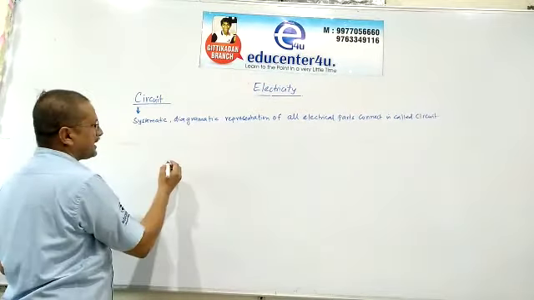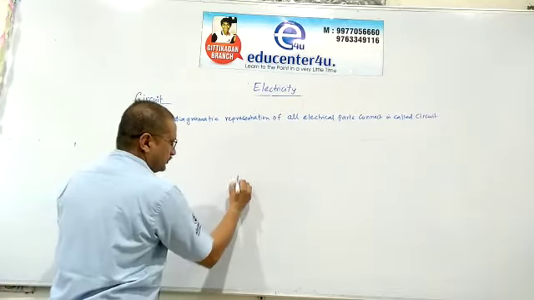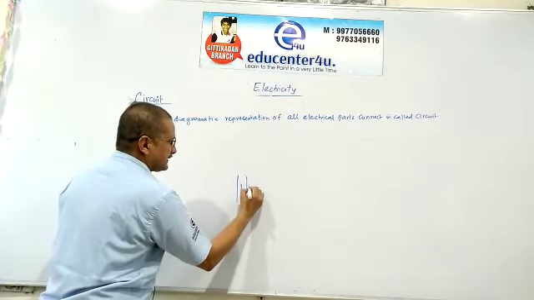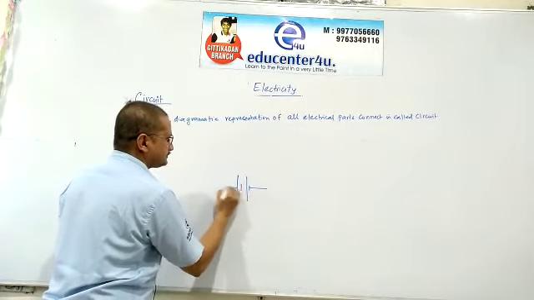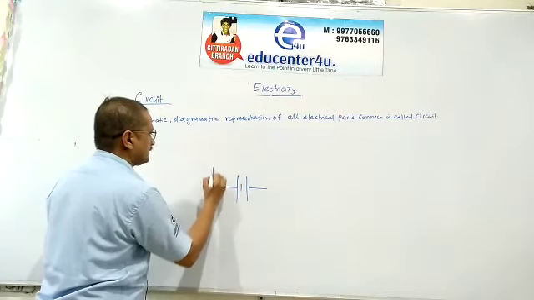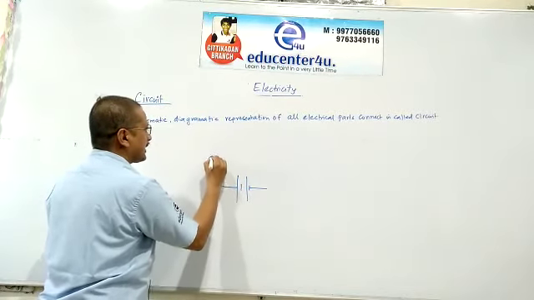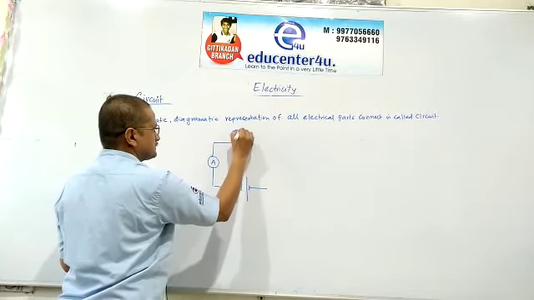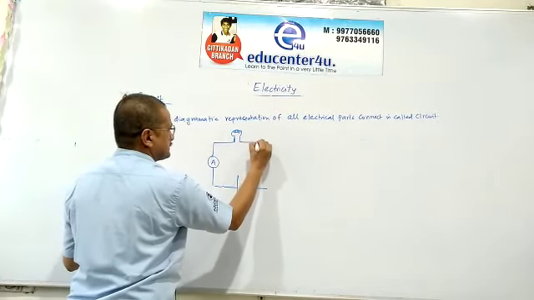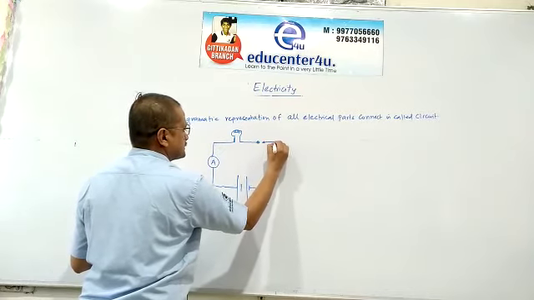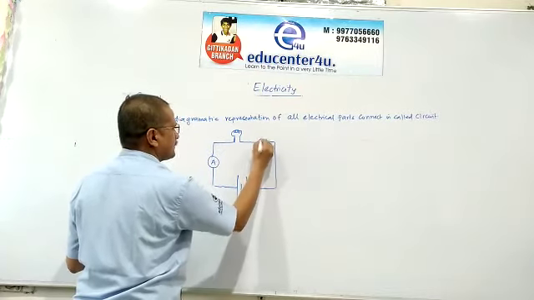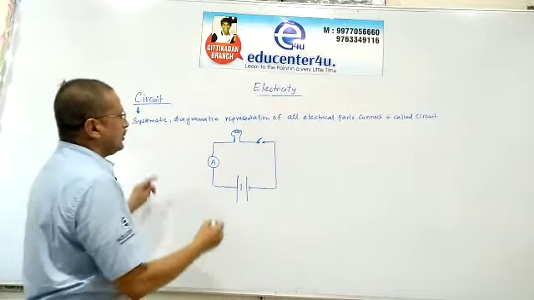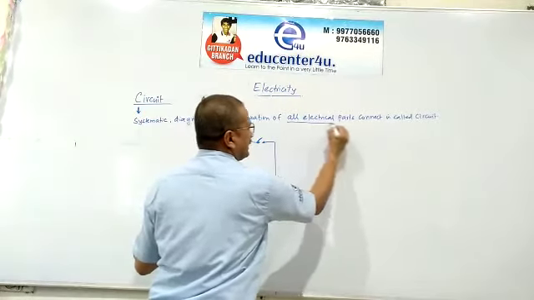So electrical parts, I will suppose this is a battery. I will make one rough diagram to show you. So what are all the electrical parts?